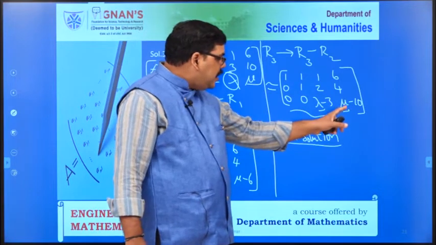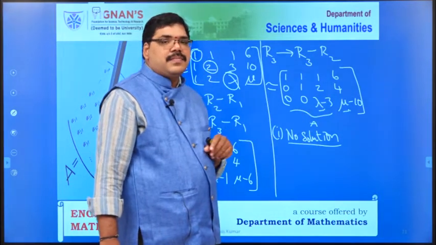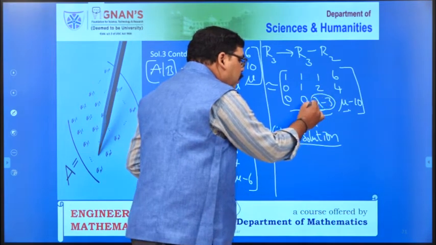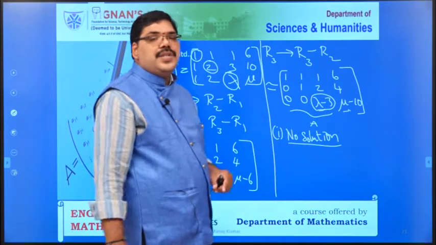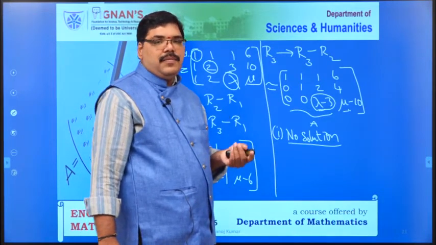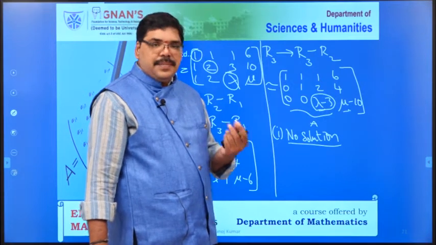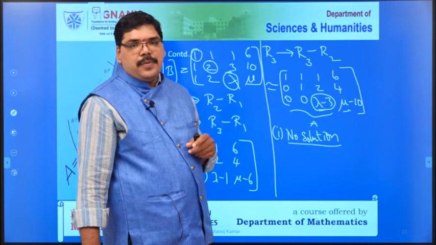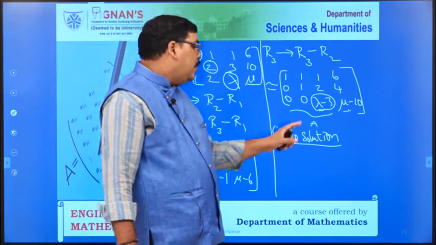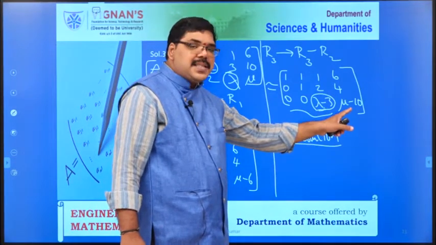I will make this element 0 and keep this one non-zero. If that position is non-zero, both A and AB will have the same number of non-zero rows, so both will have the same rank, which is not what is required. So we have to see that this place is 0 and this place is non-zero.